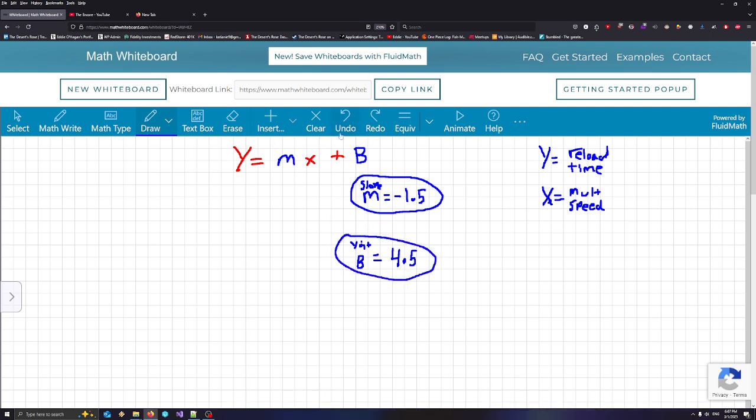And you can plug those in for that equation. So we'll have our final formula looking like this. So y equals minus 1.5... No, I'm going to keep the original colors. Y.